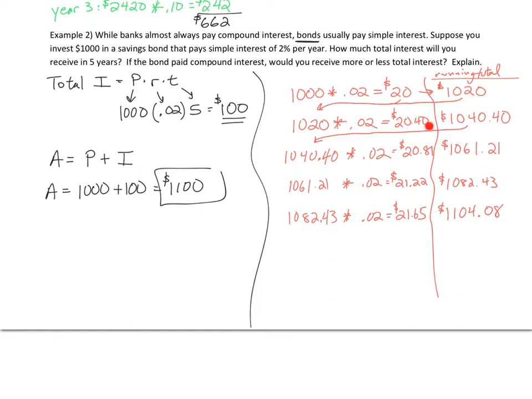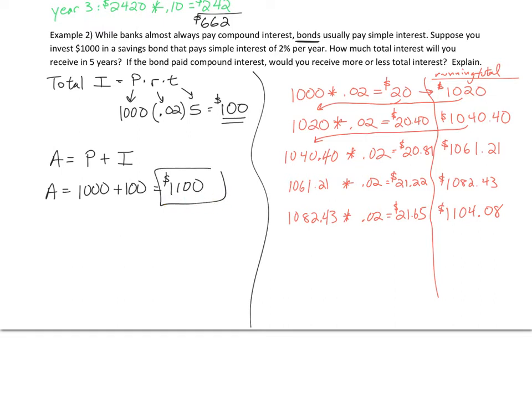So add these two, I got this. Find the new amount of interest using this number, add these two, I got this. Find the new interest amount using this number, add these two, get this, so on and so on. So you can see that this amount is a little bit bigger than this amount.